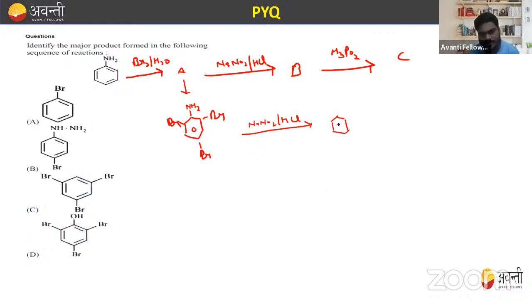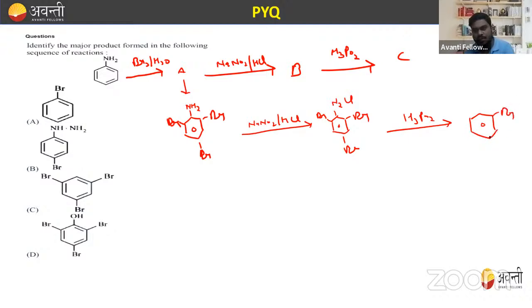So this will become N2Cl with Br, Br, Br. Now, when this is treated with H3PO2, we know that the N2Cl part is completely removed and the ring becomes a benzene ring with Br, Br, and Br, right? So this is the correct C product.